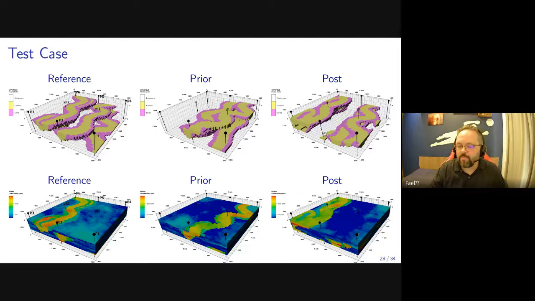I'm not showing it here, but if you do the same problem directly with ensemble smoother without parameterization, you get very nice data matches. Matching data is not the challenge anymore, but then you destroy the continuity of the channels. You're never going to see really sinuous channels anymore. You're going to see smooth representations of channels.